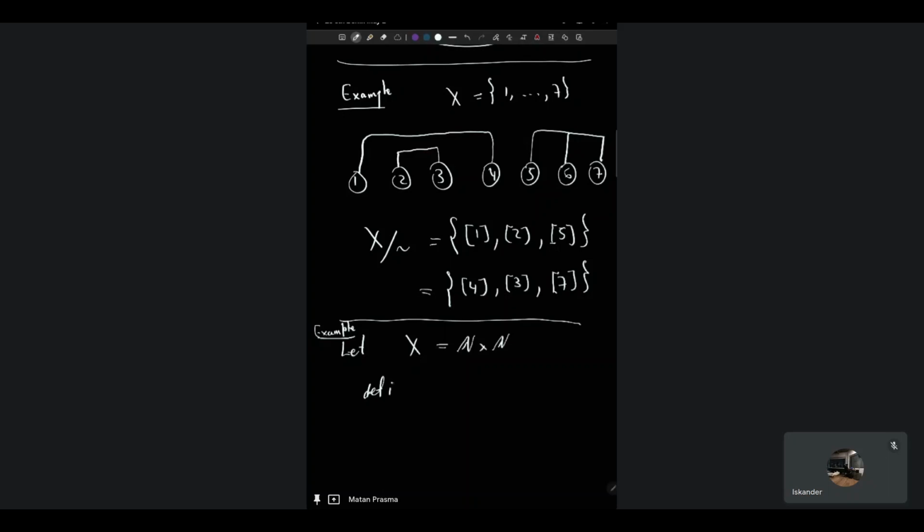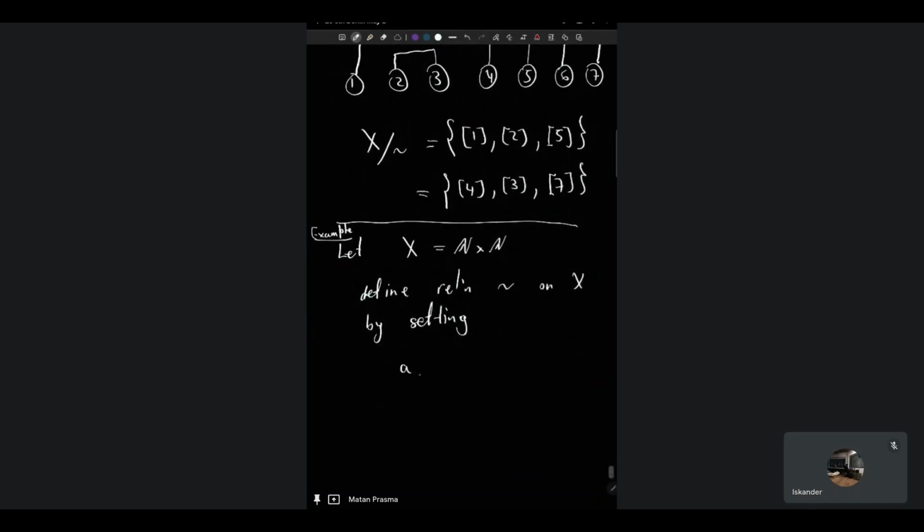Define a relation tilde on X by setting a pair (A, B) to be considered equivalent to a pair (A', B') if and only if A plus B' is equal to A' plus B.